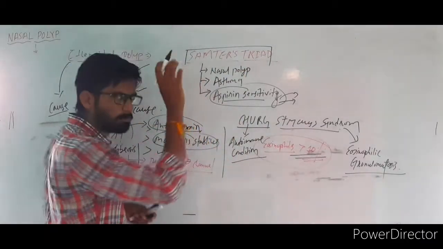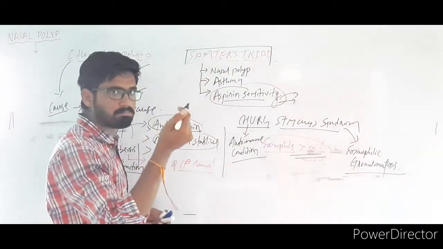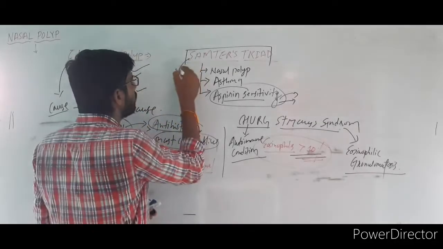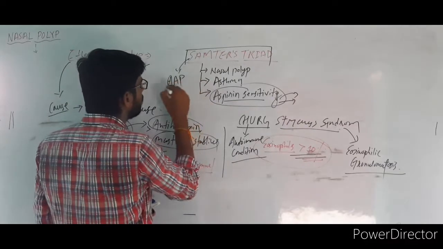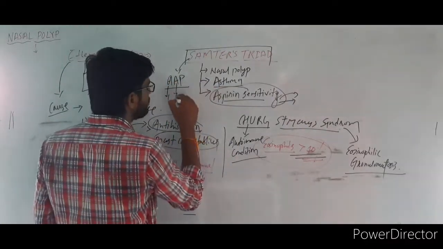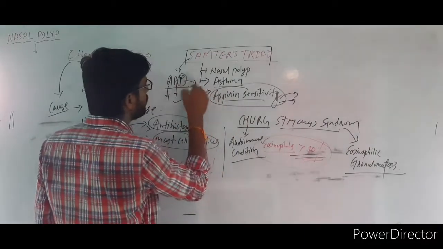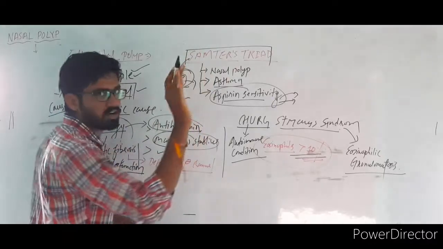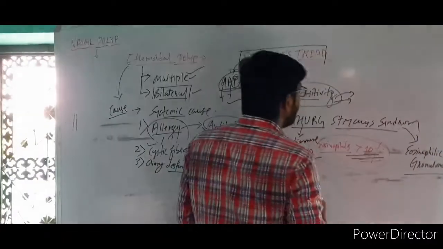AAP. You know the politics. One party is called AAP, like BJP, Congress. A means asthma, A means aspirin sensitivity, and P means polyp. So AAP. Whenever you see Arvind Kejriwal, tell the central triad. Okay, finish. So now, ciliary dysfunction.